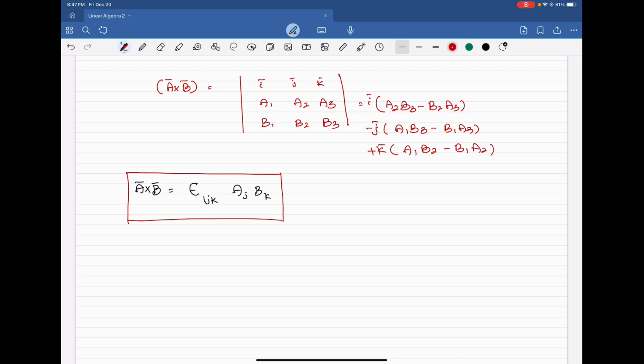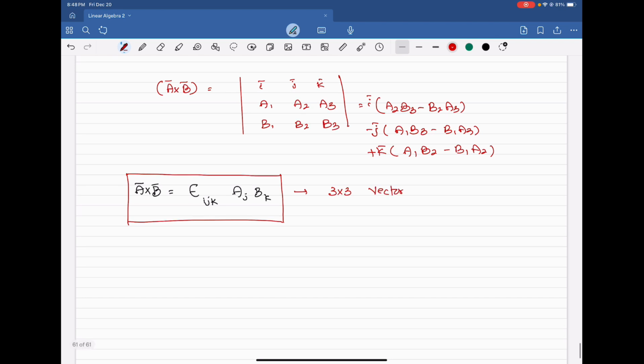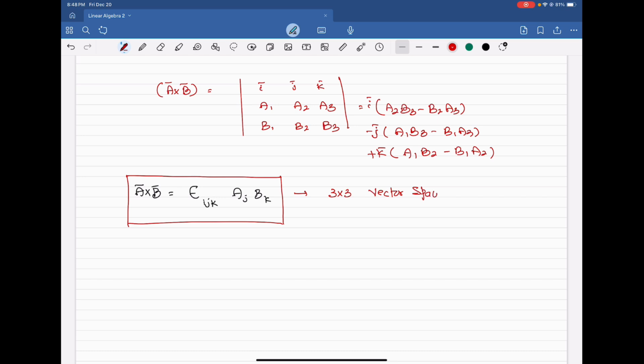For a 3 by 3 matrix, this can be extended to any number of matrices, columns and rows. Now, this is for 3 by 3 vector space or matrix.